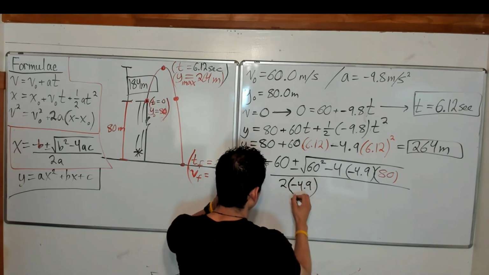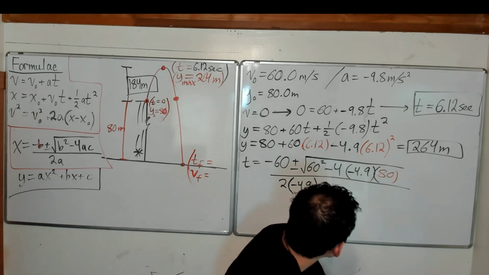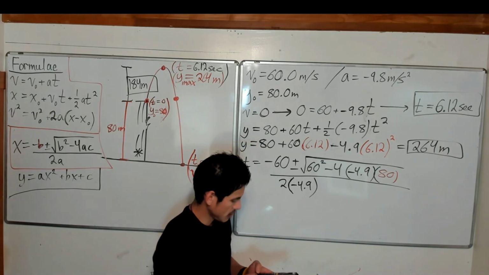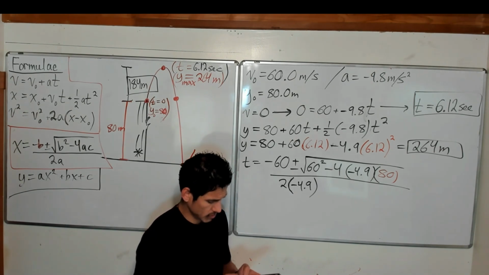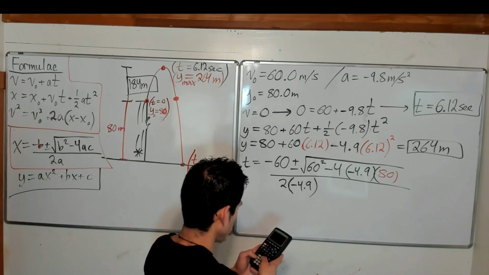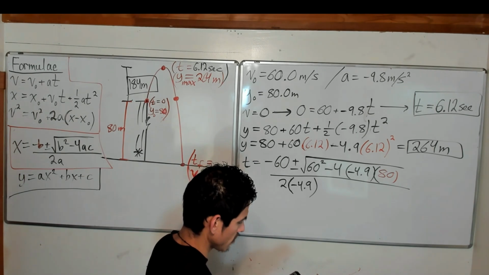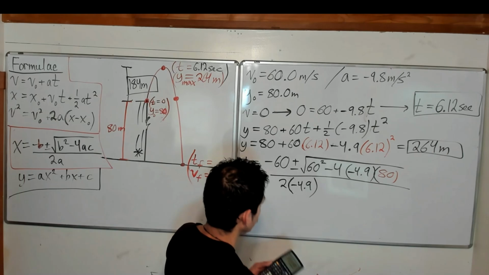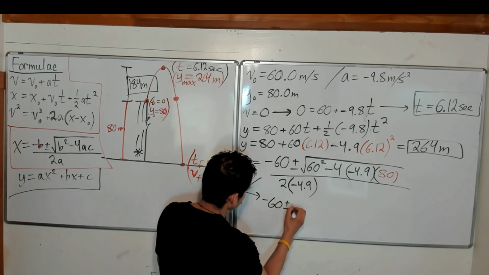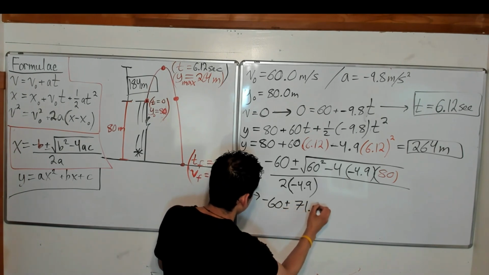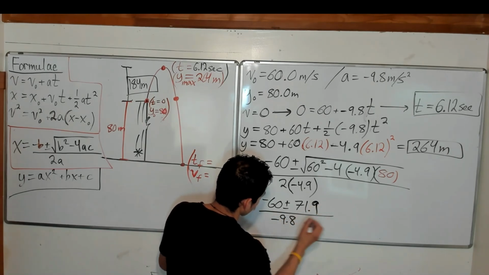All right, now we just do some calculations. We have 60 squared plus 4 times 4.9 times 80, which is 5168, square rooted, 71.9. Then negative 60 plus or minus 71.9, over negative 9.8.